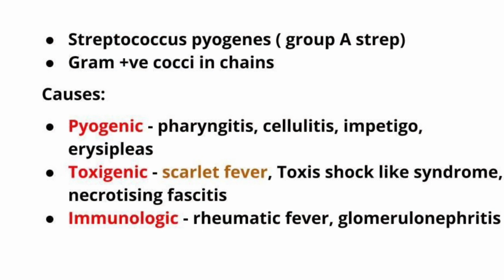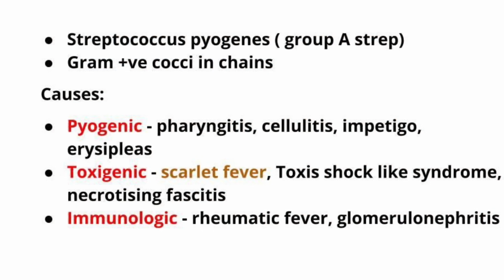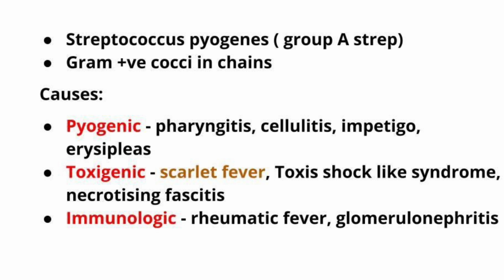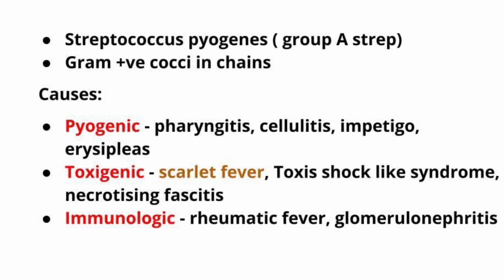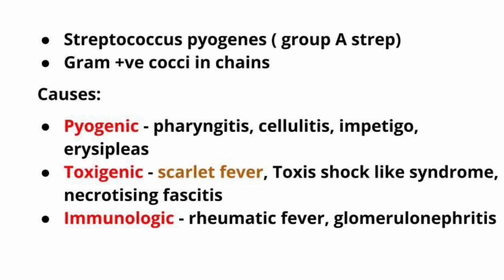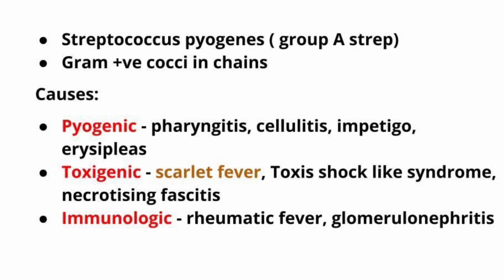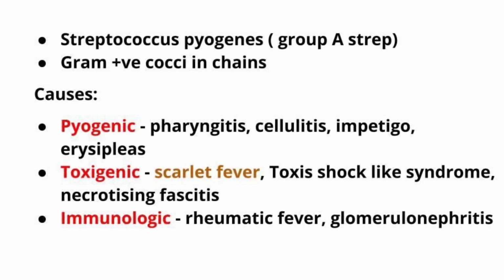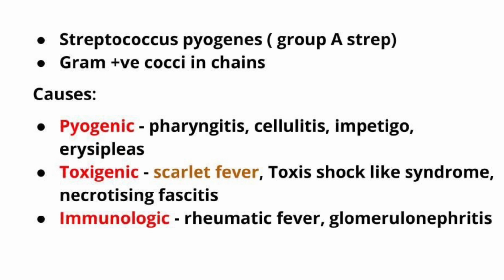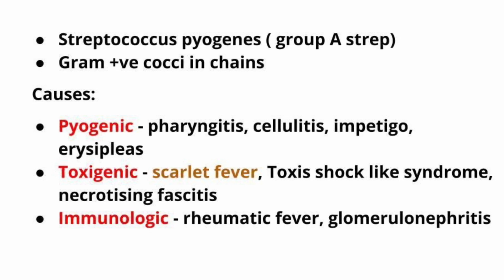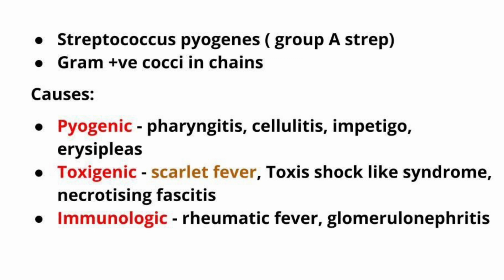Scarlet fever is caused by Streptococcus pyogenes, which comes under group A Streptococci. They are gram-positive cocci arranged in chains. The diseases caused by Streptococcus pyogenes are categorized mainly under three types: pyogenic, toxigenic, and immunologic. The pyogenic infections are pharyngitis, cellulitis, impetigo, and erysipelas.